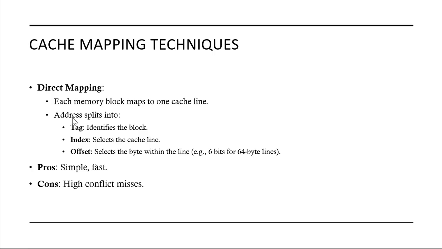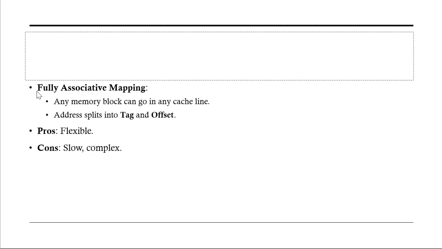This is very simple, but it causes a lot of conflict, so we would like to avoid it in a way. The second one is the fully associative mapping, which can map to any cache line it wants. It is flexible, but very complex and slow.